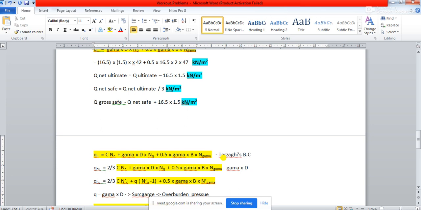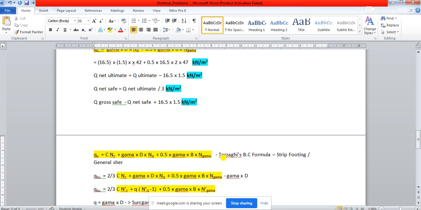And this formula is for strip footing and for general shear failure, isn't it?